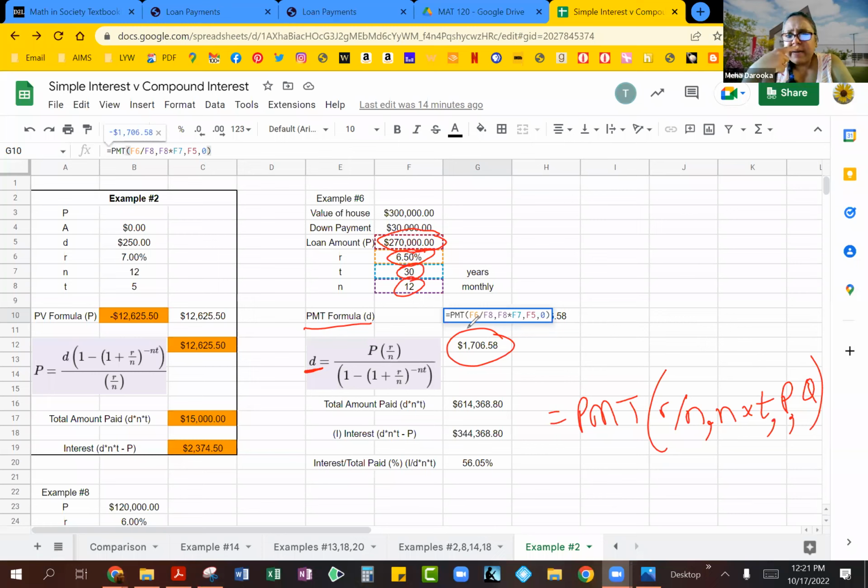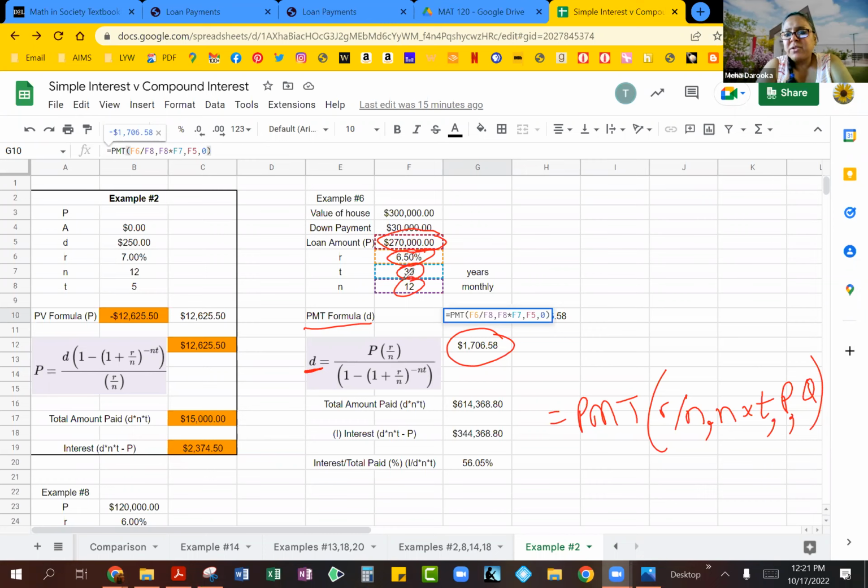I would say go back and check your interest, make sure it's coming out as 6.5% or 0.065. And then make sure for the principal, you are using 270,000 and not 30,000. Since you did make the 10% down payment, you're not paying that 30,000, right? You've already paid it upfront.